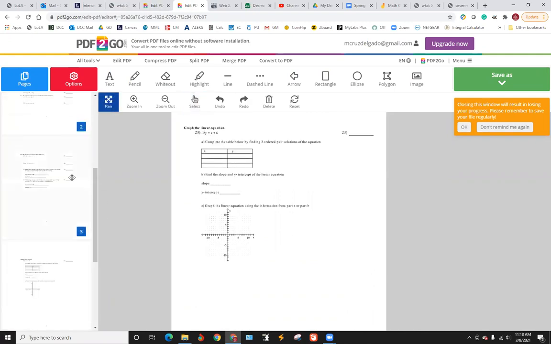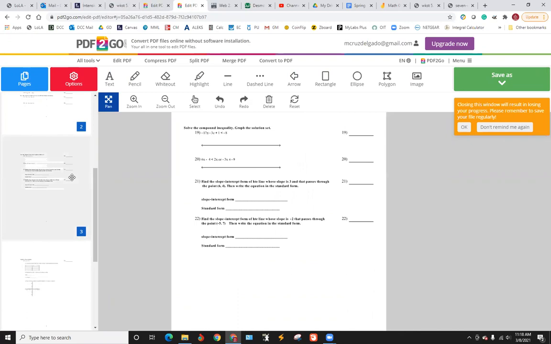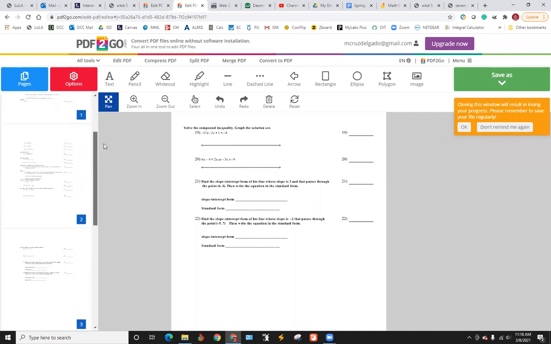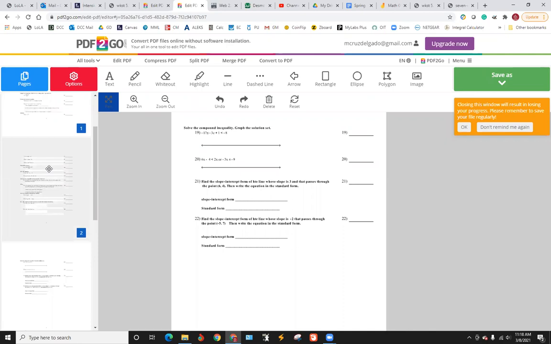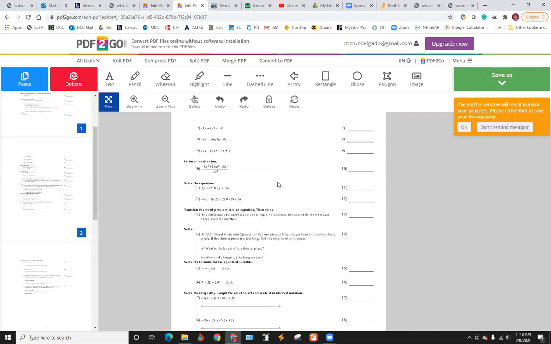Last 2 pages of graphing, and then the graphing of the inequalities. You've got to figure out the lines, the equations of the lines, both in slope-intercept form. And then this is the stuff that we were just doing here. Plus there's formulas and then a couple applications.